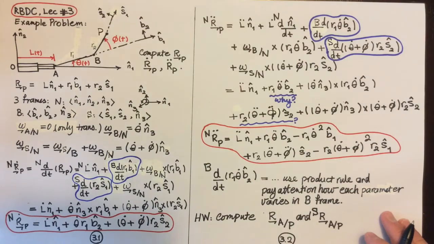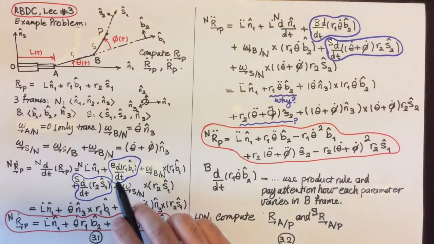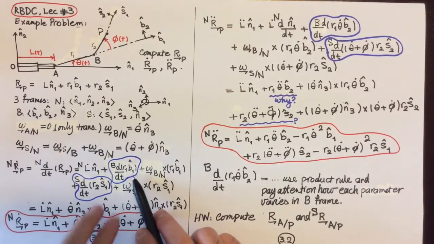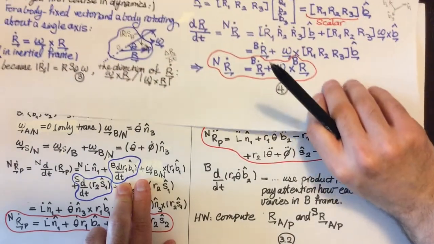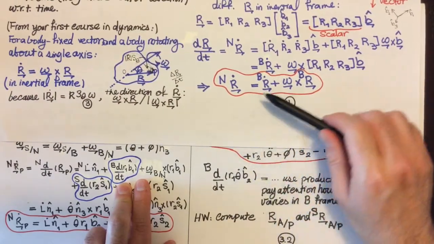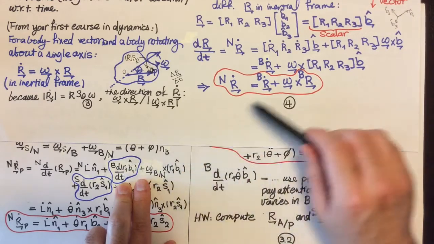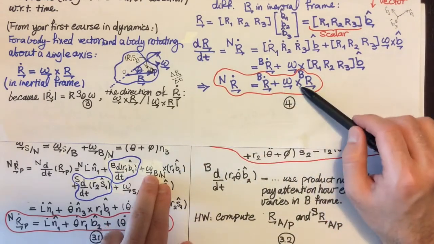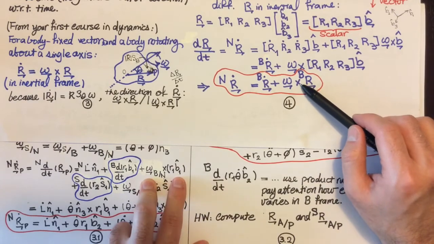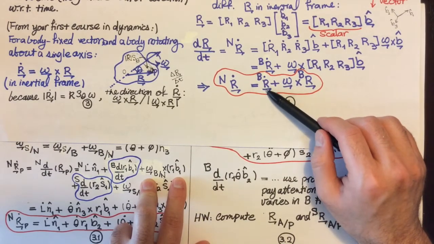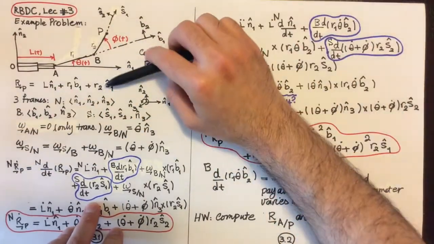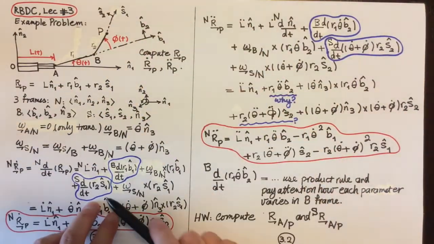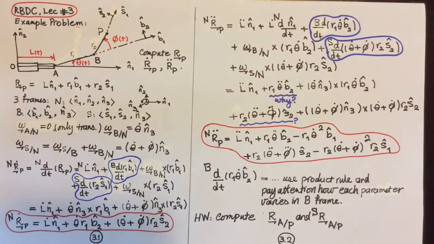So I have this here. Let me just bring this here so you see it. I'm differentiating this vector in the body attached frame, and then adding this omega cross the vector to the first term. I do the same thing with this last term. I differentiate it now in the S frame.